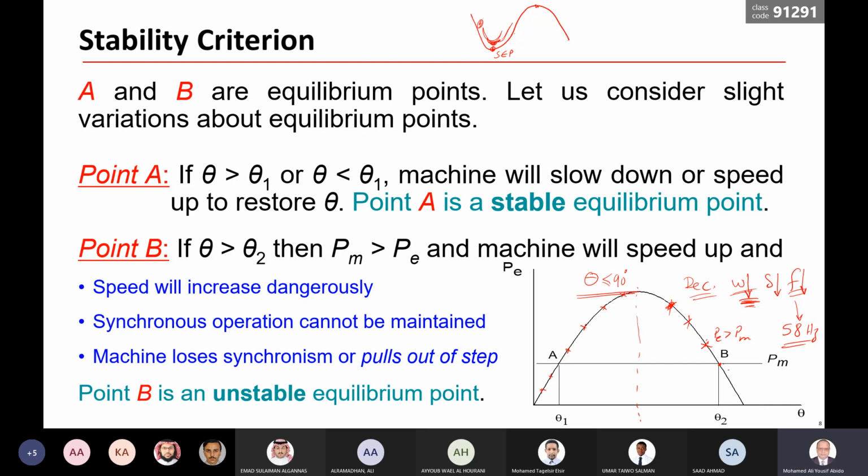But if this point is an equilibrium point, but with any disturbance, with any oscillation here, this is an unstable equilibrium point. So if the ball is here, with any movement, whether this way or that way, it will become unstable. Is it clear?